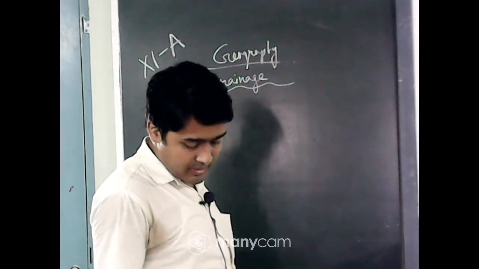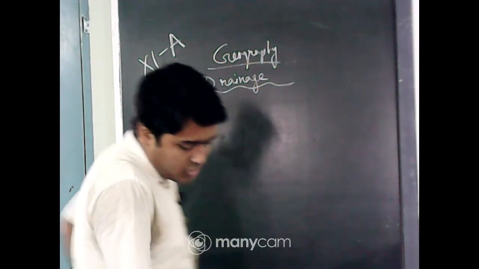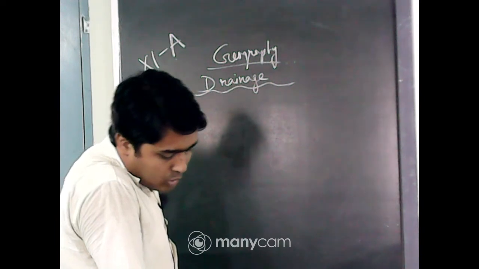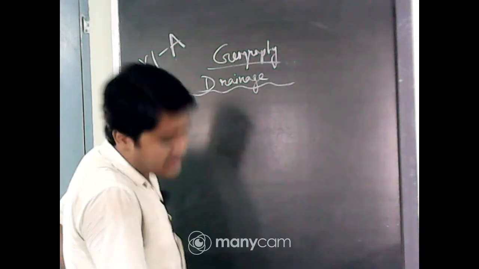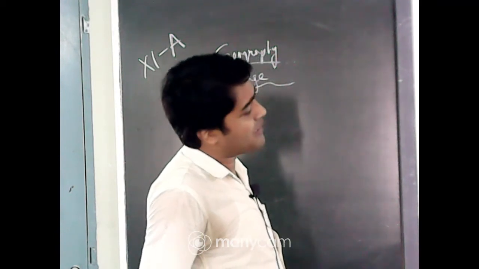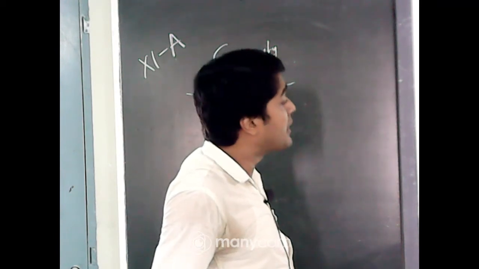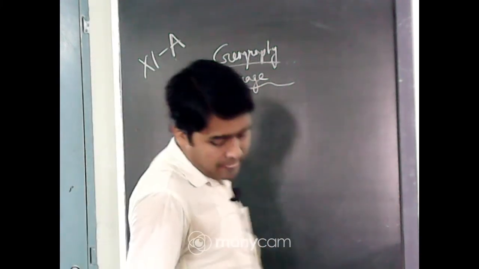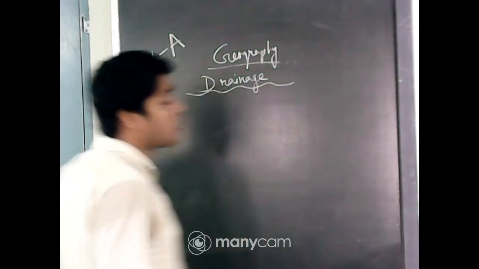westward. It forms a picturesque gorge in marble rock and Dhuadhar waterfall near Jabalpur. Very important short question also: the Dhuadhar waterfall is located on which river? River Narmada. You have to remember it. And marble rock is also found here.